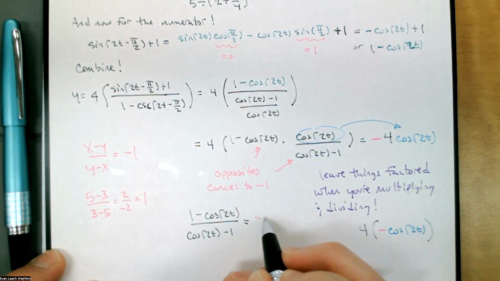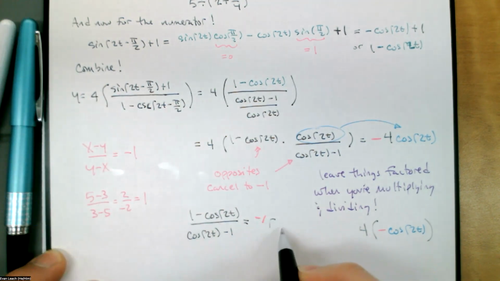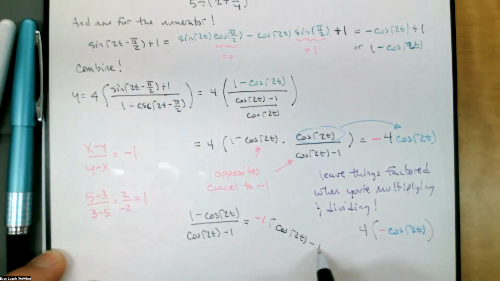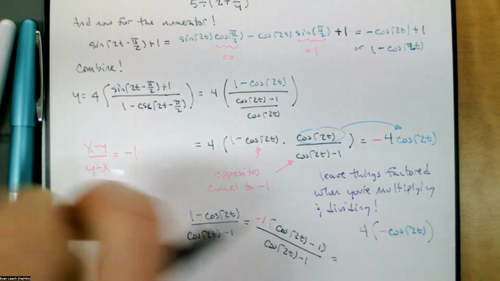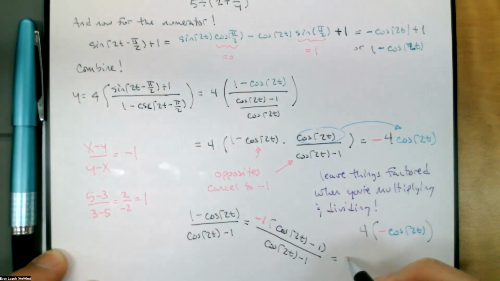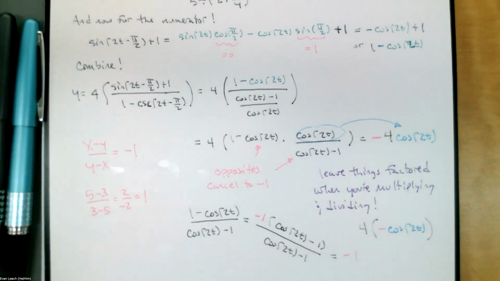Factoring out a negative 1 changes the signs. So it's negative 1 times cosine of 2t minus 1, divided by cosine of 2t minus 1. Yeah, the 4 just got carried along through the whole problem.